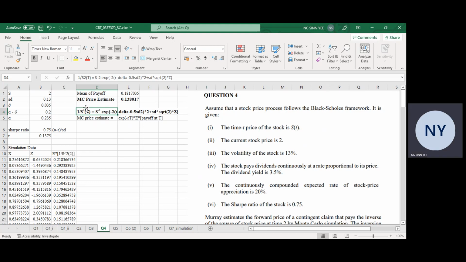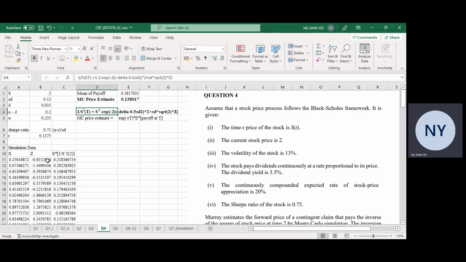This -2 is the power of S as well. Bracket r minus delta minus 0.5 sigma squared times 2, where this 2 here would be the time t. So time t will be 2, plus sigma square root t, so we would have square root 2 as well, times Z.